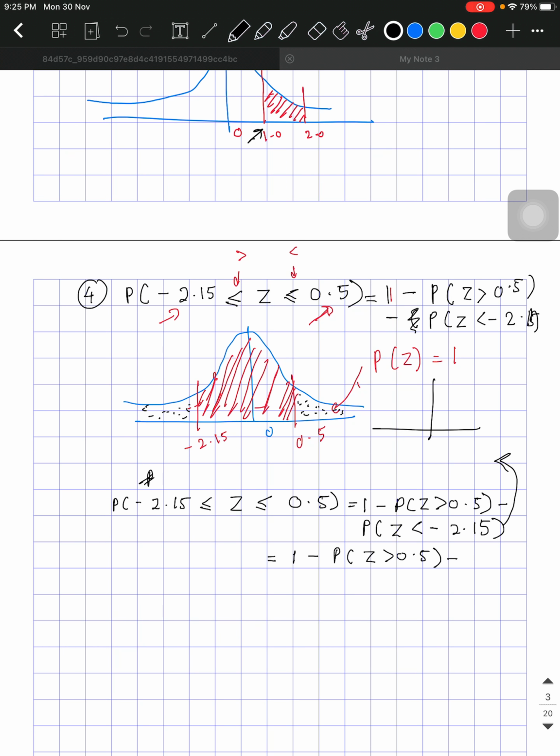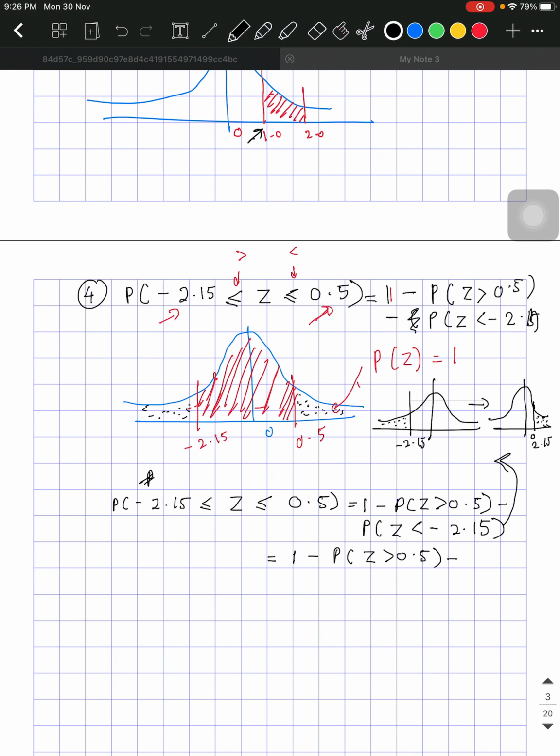meaning that we use the symmetry concept. Negative 2.15, okay, this is the negative side, and it is similar with this one, we use the symmetry concept with 2.15, and we get this.